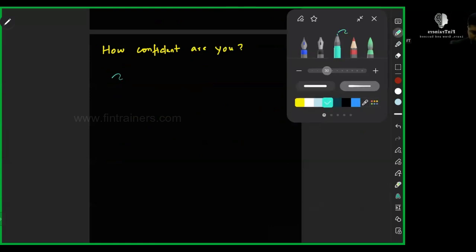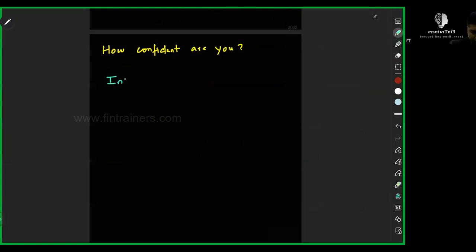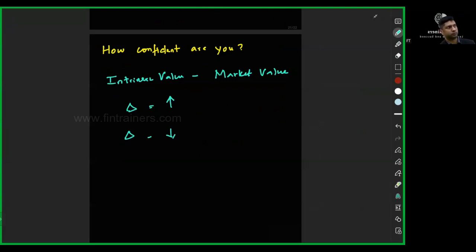If the difference between the intrinsic value, the fair value that you calculated, minus the market value, which is your share price in the market, if this is higher, are you confident? Or if this difference is lower, are you confident? The triangle is the delta, the change, the difference between your intrinsic value and market value. Will you want the difference to be higher or lower?